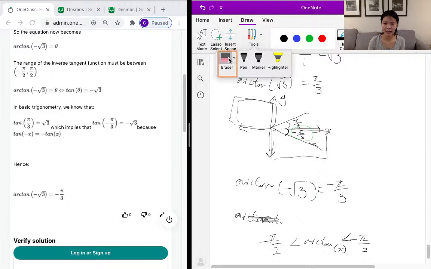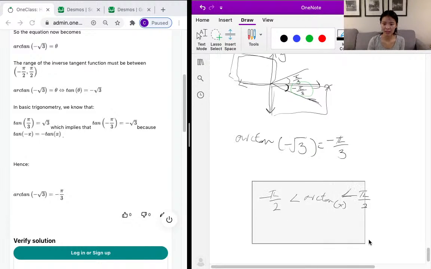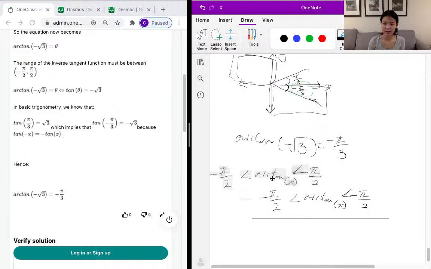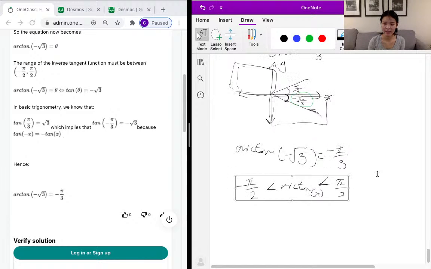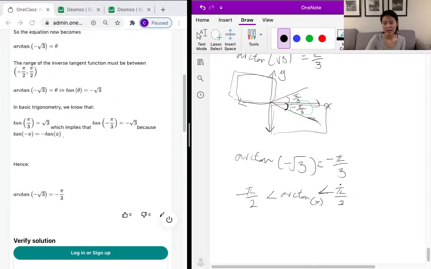So arctan of x could only be between negative pi over 2 and pi over 2. And if our angle is over here, our angle would be pi minus pi over 3, which would be 2 pi over 3, which is larger than pi over 2.